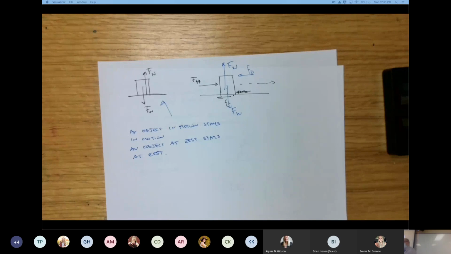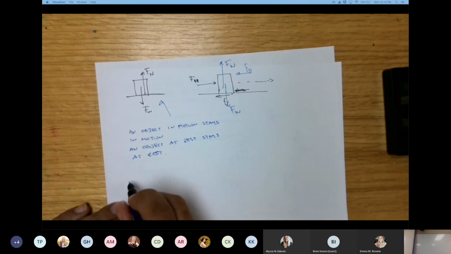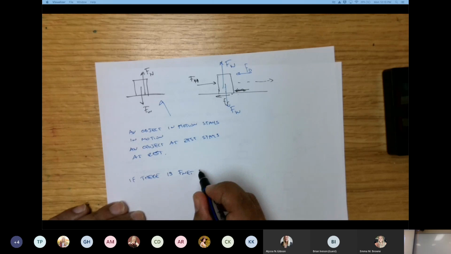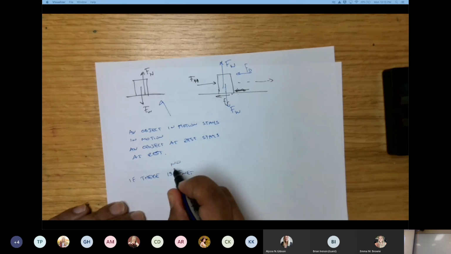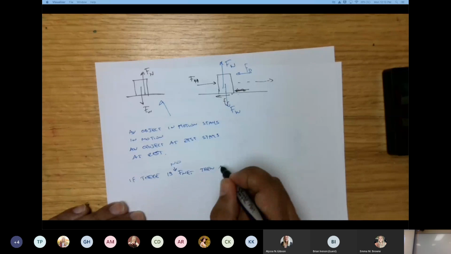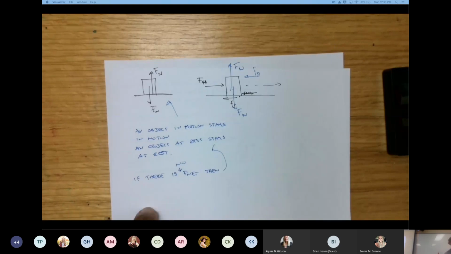But when you add all the forces, they cancel each other. So if there's no net force or net external force, then the object stays at rest.